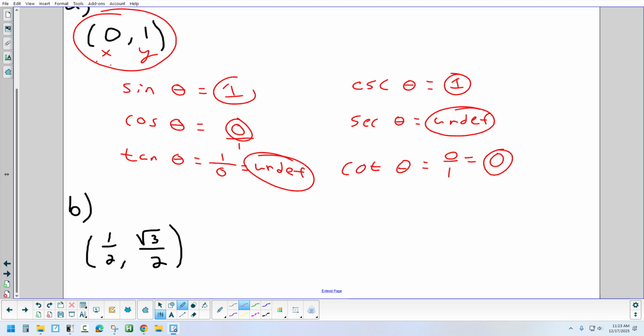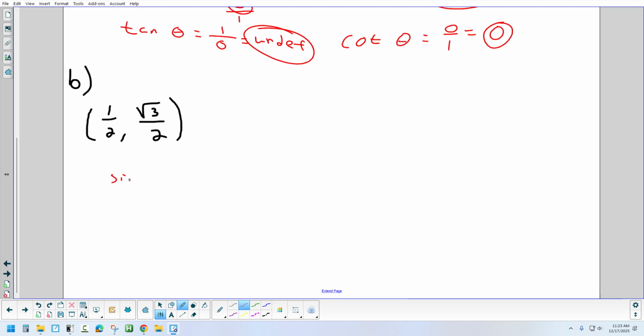Okay. So let's start with sine. What's the sine of the angle represented by this location going to be? Yep, square root of 3 over 2. And 1/2, that is your cosine. Okay.